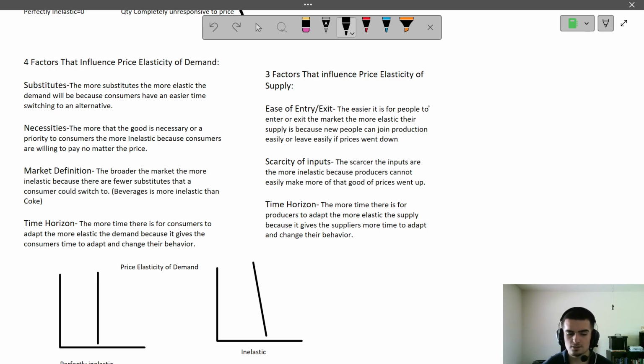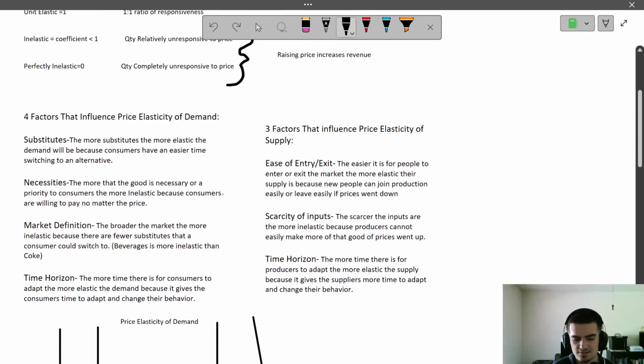But Coke is more specific. So you could switch to Pepsi, or you could switch to water, or you could switch to a lot of things. So that makes it more elastic compared to its broader counterpart.